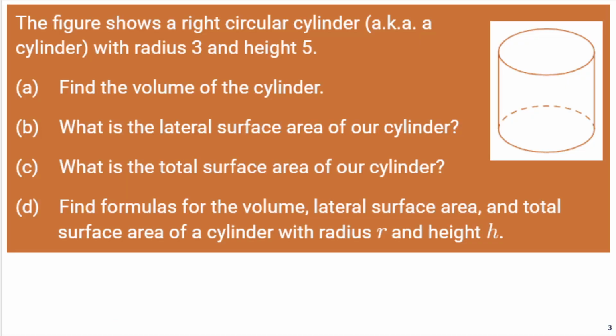Okay, let's consider an example here. The figure shows a right circular cylinder, also known as a cylinder, with radius 3 and height 5. Can you answer each of the following questions?